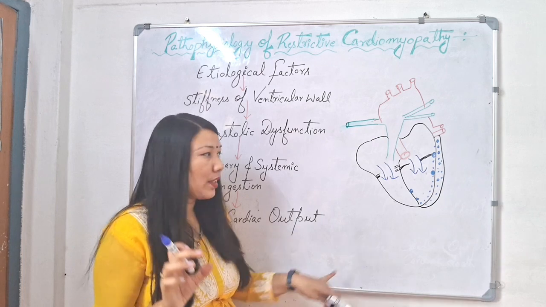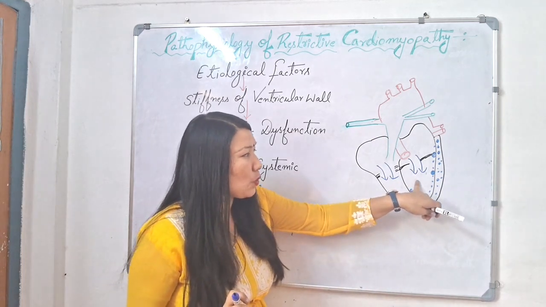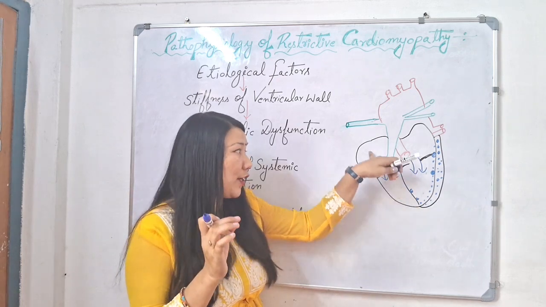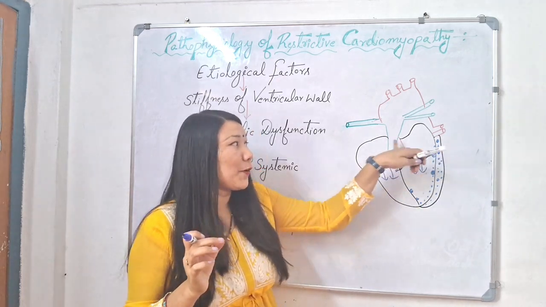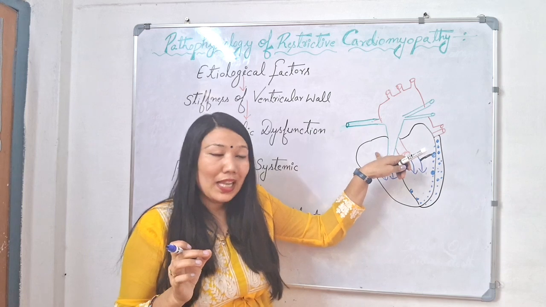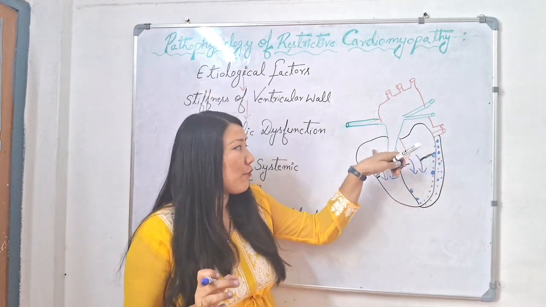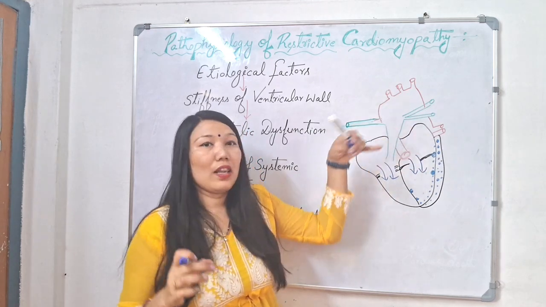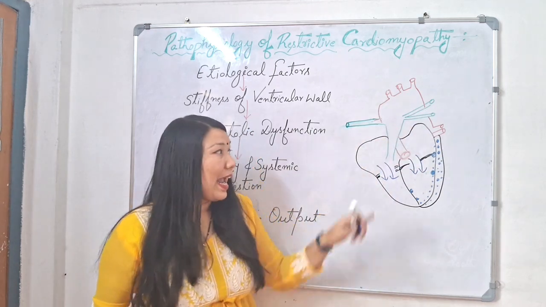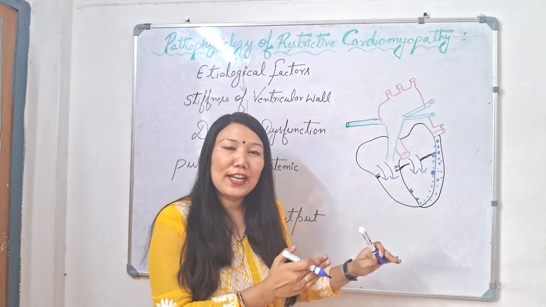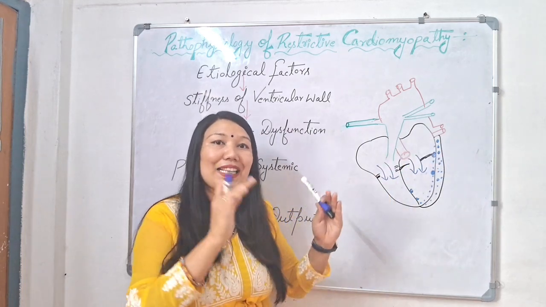Now what will happen? Less blood is going into this ventricle, but the blood which is coming into the atrium will remain in this atrium only, and this blood will go back again. From the atrium it will go into the lungs, there will be congestion in the lungs, and because of the accumulation of blood going back into the atrium, our atrium will get dilated.